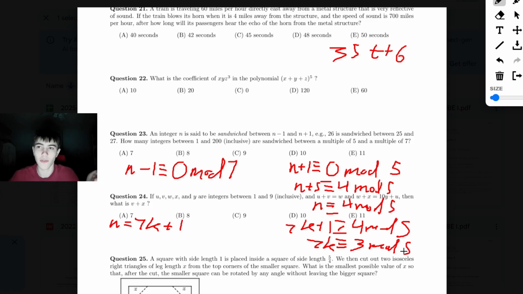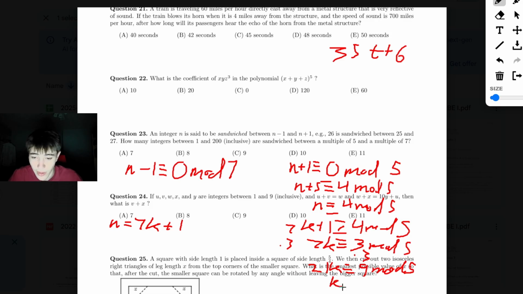Now, what's a multiple of 7 that's one more than a multiple of 5? Not 14, 21. Okay, how do we get to 21? Is we multiply 7 by 3. So that will give us 1 mod 5. Okay, so if we multiply this by 3 and this by 3, then we get 21k is congruent to 9 mod 5. But now we reduce these by subtracting however many multiples of 5 we can, right? And we can subtract 20k mod 5 and 4. And 5.